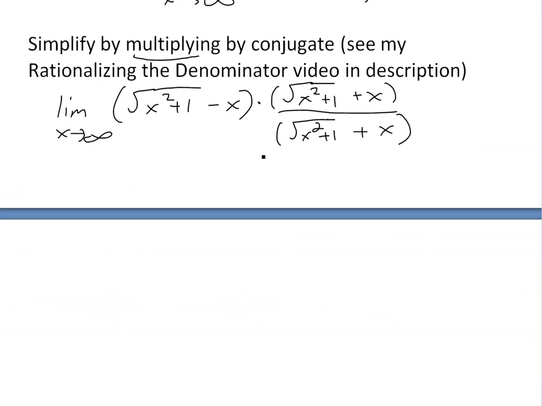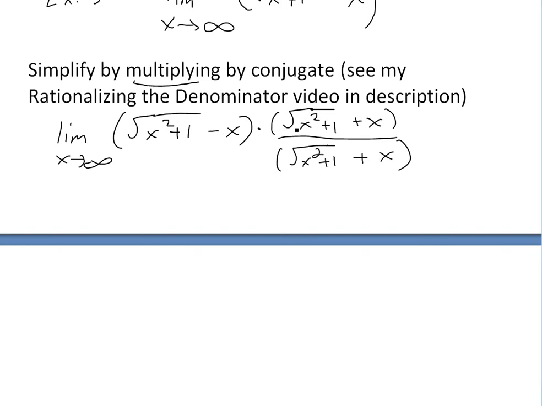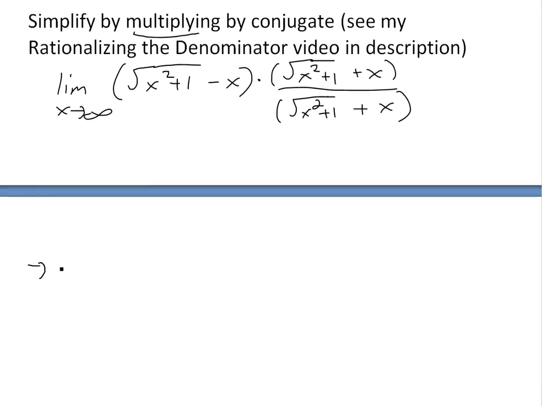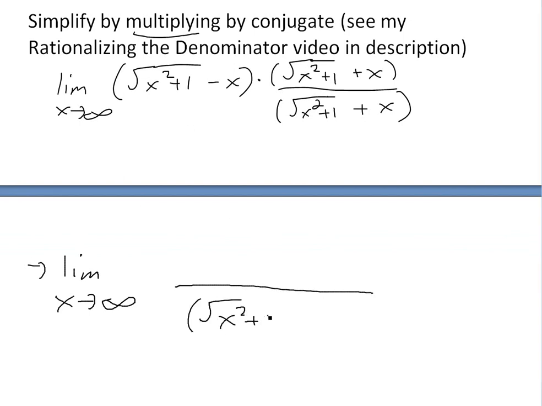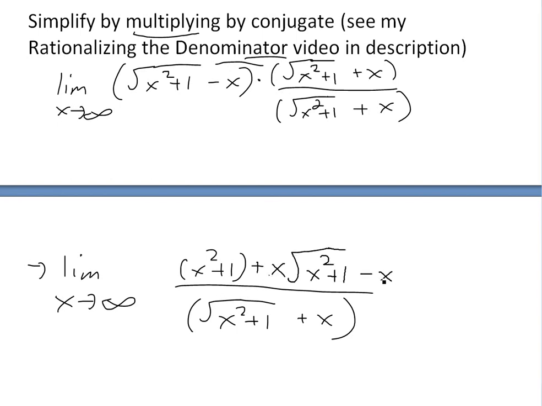So when we have this, if we expand out the top, we're going to get the limit as x approaches infinity of, let's write the bottom first, square root of x squared plus 1 plus x. And the top, when we multiply using the FOIL method, we're going to get x squared plus 1. This is this multiplied by this, and then this multiplied by this one right here, plus square root of x squared plus 1 times x, and also minus, now we multiply this by this, and this by the x.